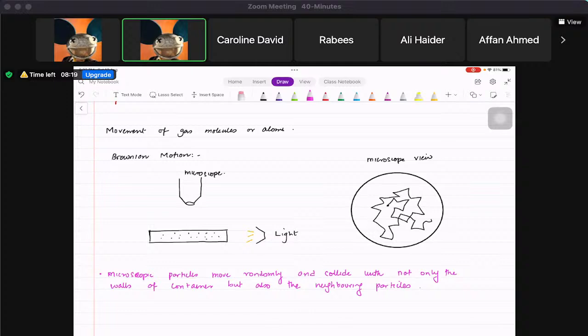So this could happen in both liquids and gases. So that's basically something you should know, right? Okay, in 10 minutes the class will automatically shut.